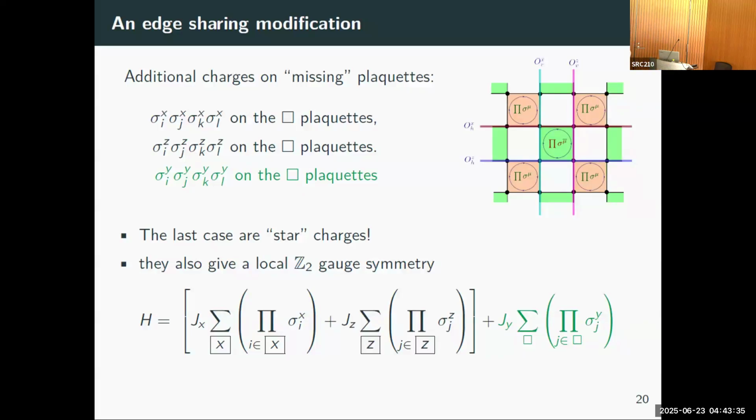And this is actually a local Z2 gauge symmetry. So there is also a local gauge structure hiding in these 4-spin models. Okay. So just like star charges are gauge generators, this is the exact same star term of the Kitaev toric code. It's just that the plaquette terms have this anti-commuting structure in these models.